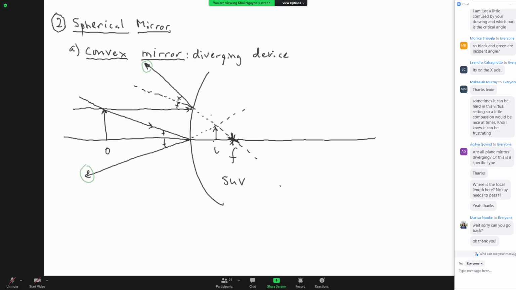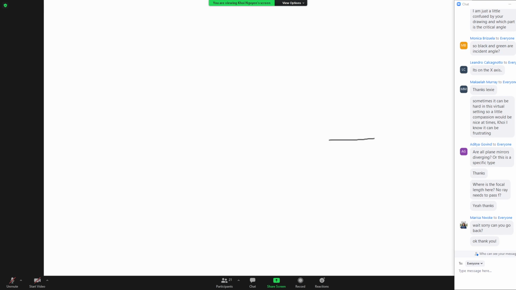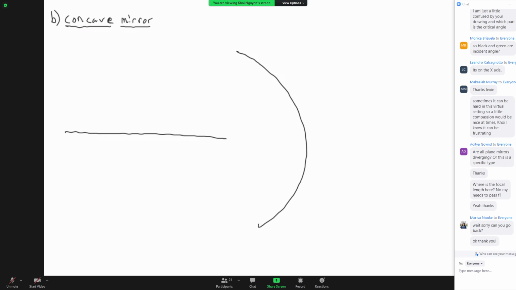SUV stands for smaller, upright, virtual. So for the concave case, so the concave mirror looks something like so. Here's our optical axis that we need to draw.